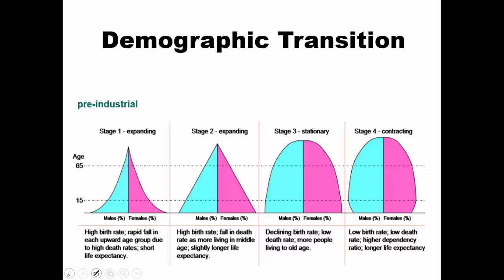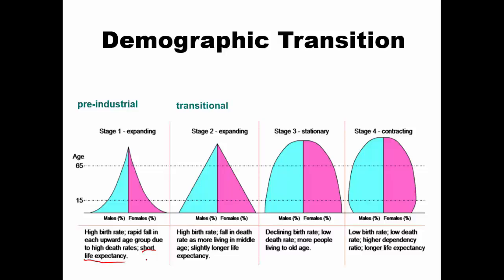You have a rapid fall in each upward age group due to high death rates, and you have a short life expectancy, which agrees with the other section that we talked about, the previous charts about a low life expectancy in a pre-industrial society. You have a transitional phase where a country is just starting to industrialize.